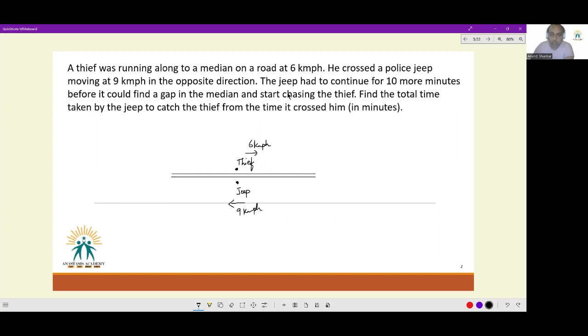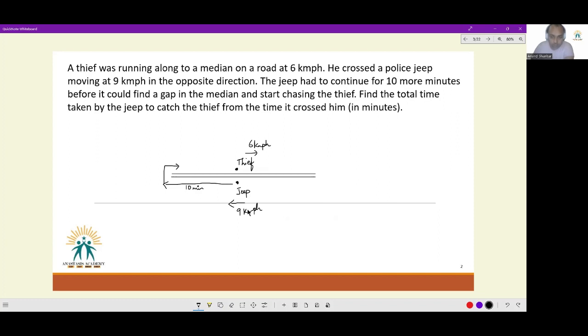The jeep had to continue for 10 more minutes before it could find a gap in the median and start chasing the thief. What they're saying is the jeep will go forward for 10 minutes, then make a U-turn and start chasing the thief.